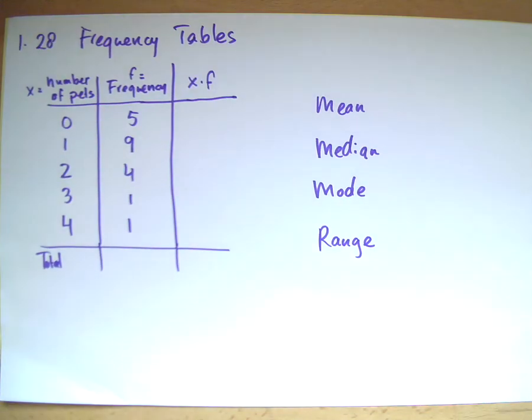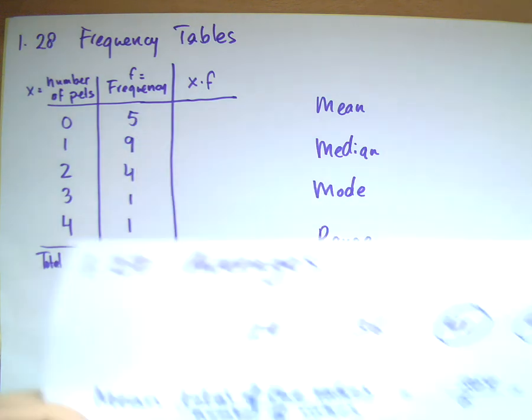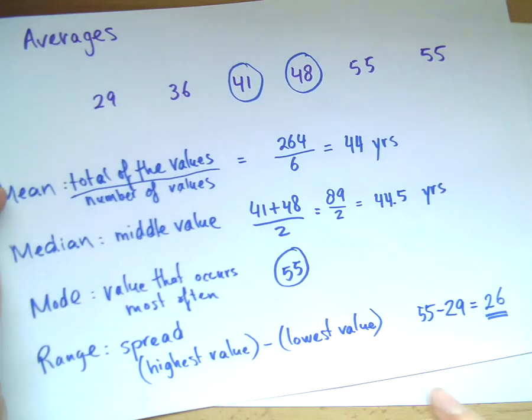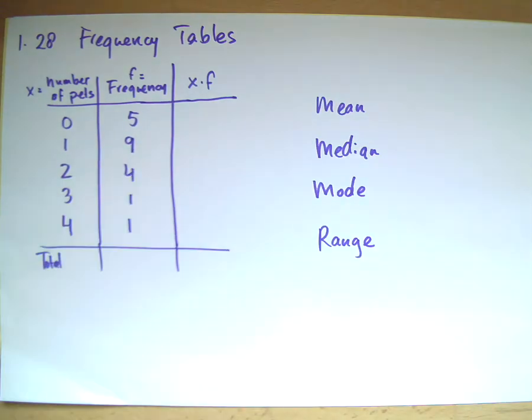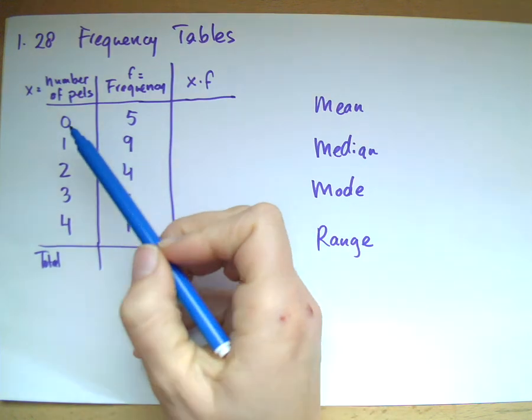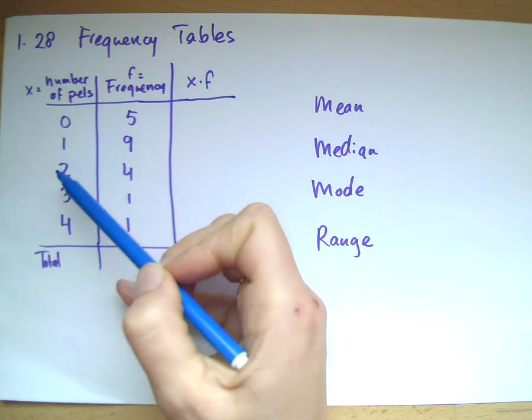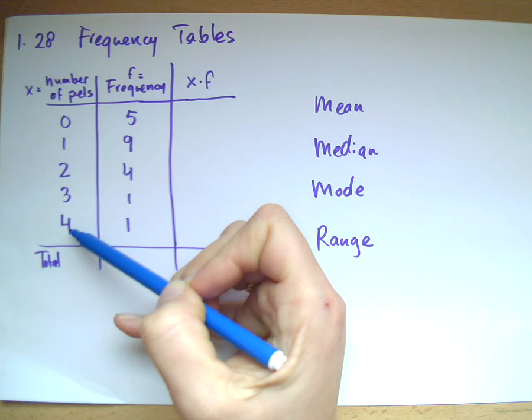Sometimes we use frequency tables, because when there's a lot of numbers, it's not cool to write them out in a row, right? Say we asked people on the street how many pets they had. Some people had 0, some had 1, 2, 3, or 4 pets.